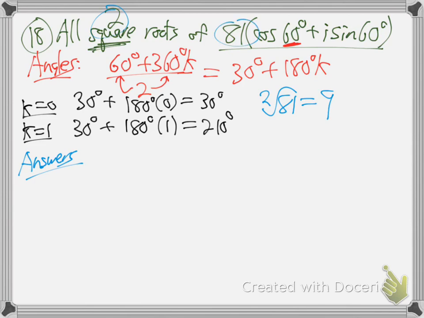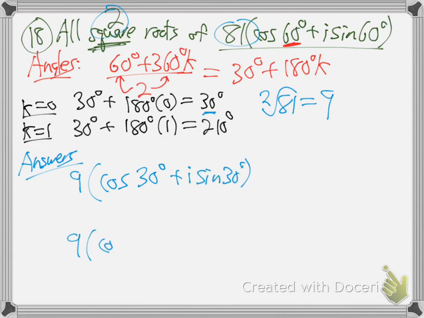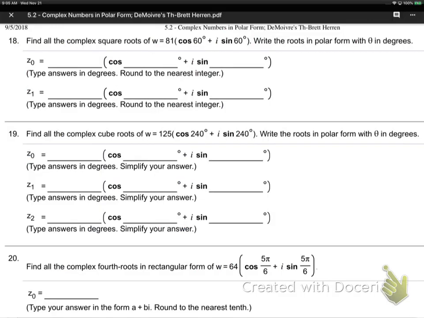So the answers are going to be 9 cosine, and you do the first angle, 30 degrees plus i sine 30 degrees. And the second one's going to be 9 cosine 210 degrees plus i sine 210 degrees. Done. Maybe they want, what do they want? Yeah, that's done. That's all they want. They want it in that form.